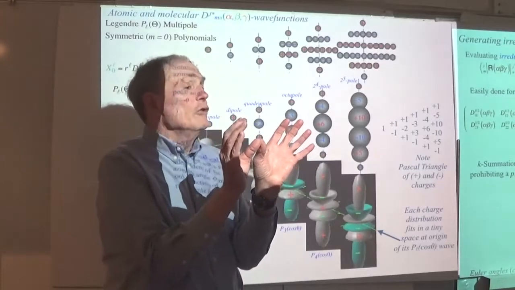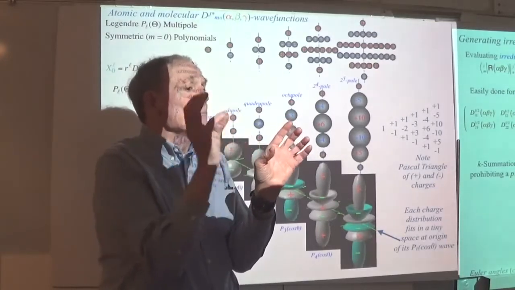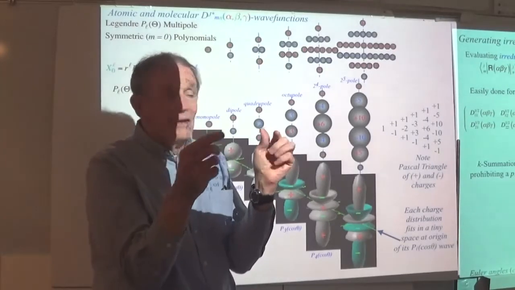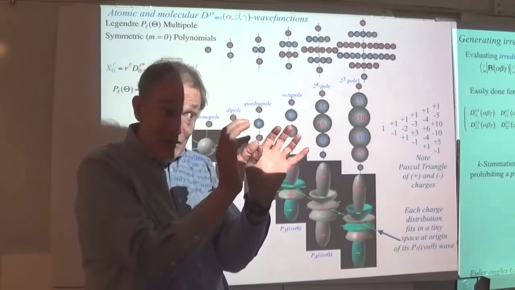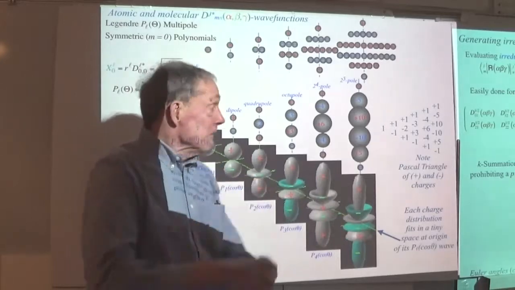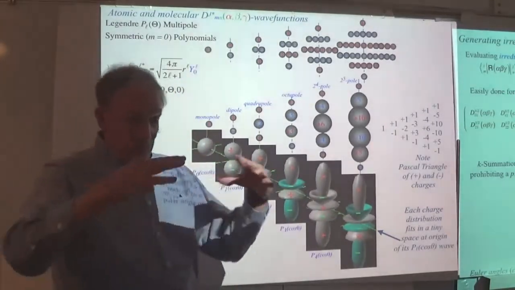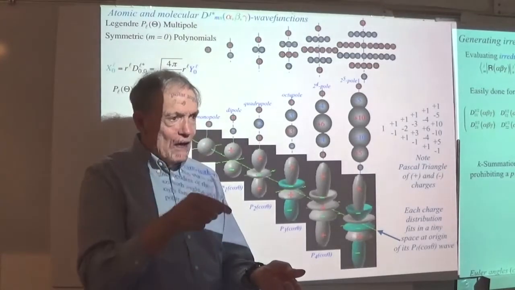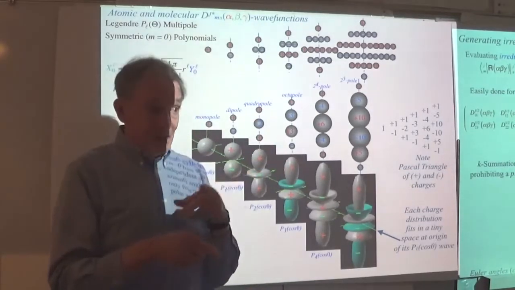That doesn't mean you have an electric dipole with plus and minus making a dipole field. To get that, you need to add this guy to the wave function where it's symmetric, a monopole-like structure. When you add that, then you get something oscillating as a dipole.